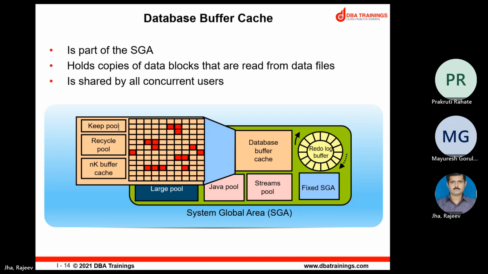Thank you. Similar to the keep pool, we have a recycle pool. The recycle pool is intended for blocks that are not used frequently. Some data I am not accessing very frequently, but I don't want the LRU to be applied there. In this case also we can keep it in the recycle pool.